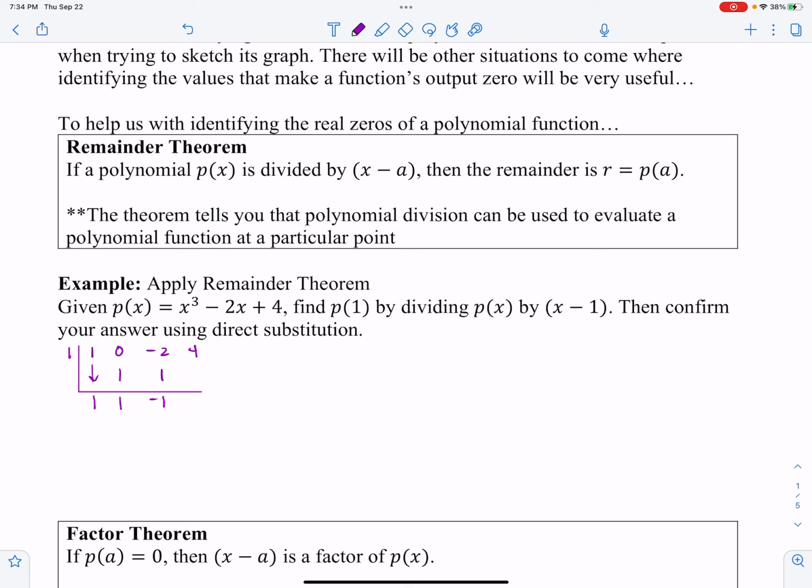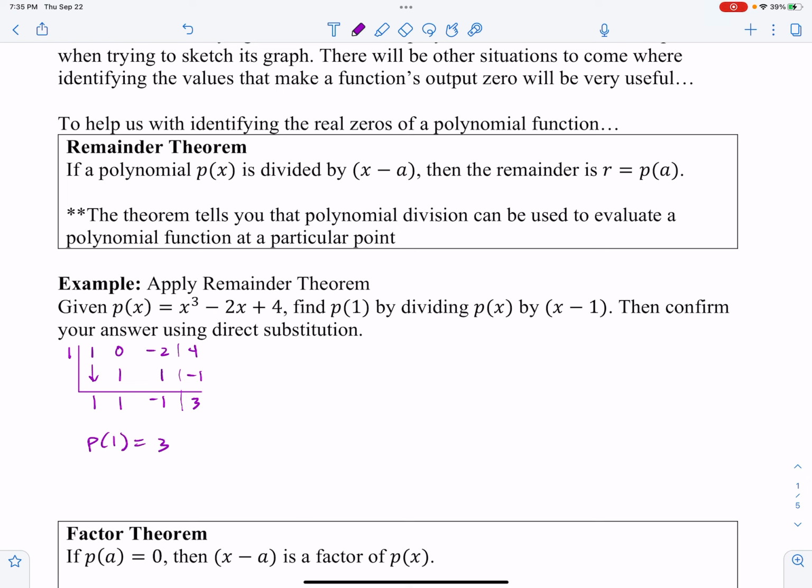Negative 1 times 1 would be negative 1. And then when we add straight down, the last column is always our remainder, we will get 3. So this means that we believe, based on the remainder theorem, p of 1 would be equal to 3.